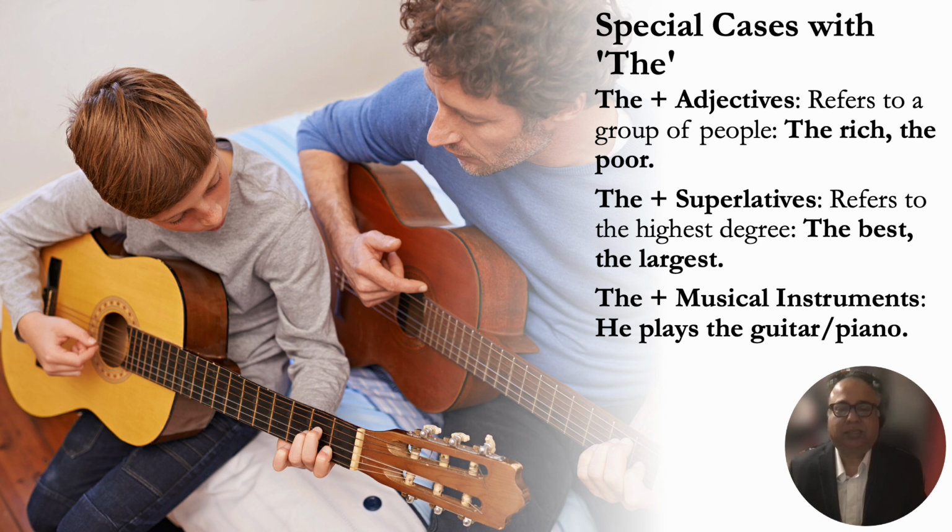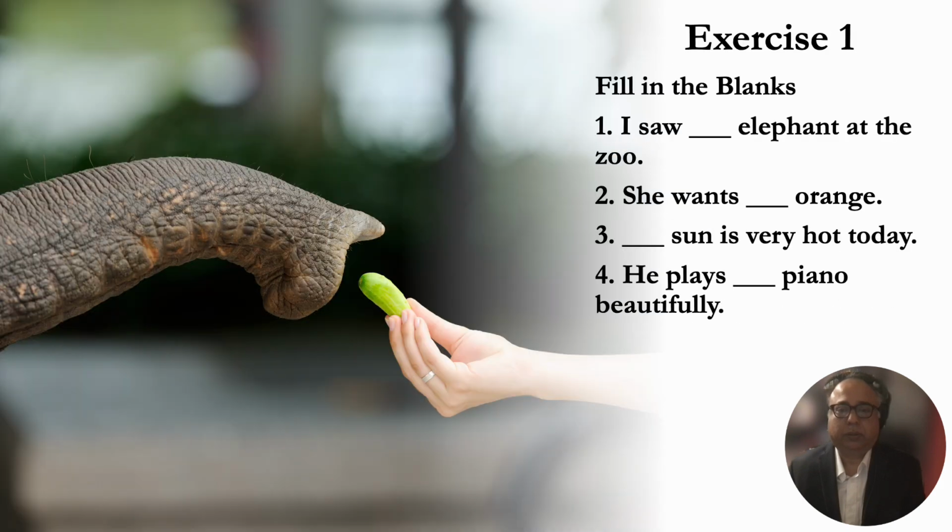She is the best student in my class, right? The largest. The is also used with musical instruments. As you can see, this dad and child pair here. The father is teaching his son to play the guitar, or she plays the piano. So in these cases, but these are special cases, remember, we use the definite article.